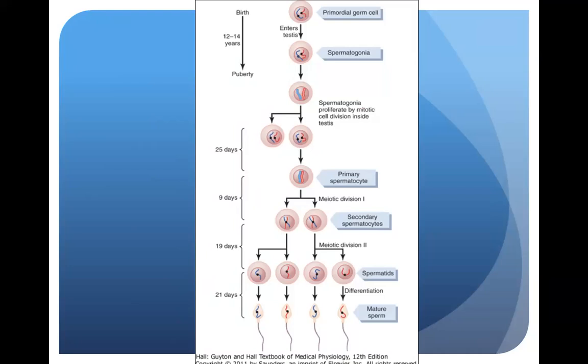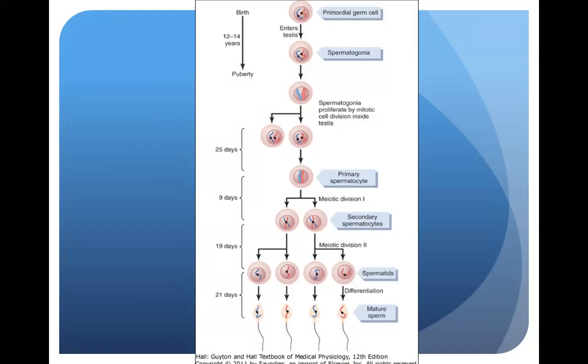From the secondary spermatocytes, after the second meiotic division, the cells now become haploid. As they differentiate, the cell will contain either the male or the female gene. That is the summary of how spermatogenesis happens.